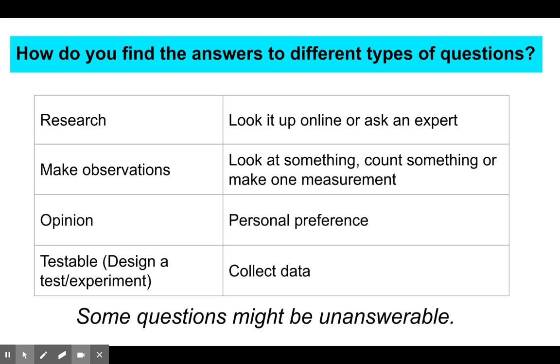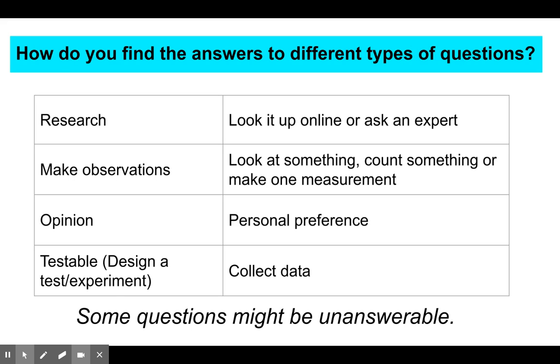A different way to find an answer to a question would be to observe something related to it. And we might do that simply by looking at it or counting things or measuring things. Other types of questions are simply opinion-based questions, and those answers are going to be based on individual or personal preference, right? The answers might vary to those.